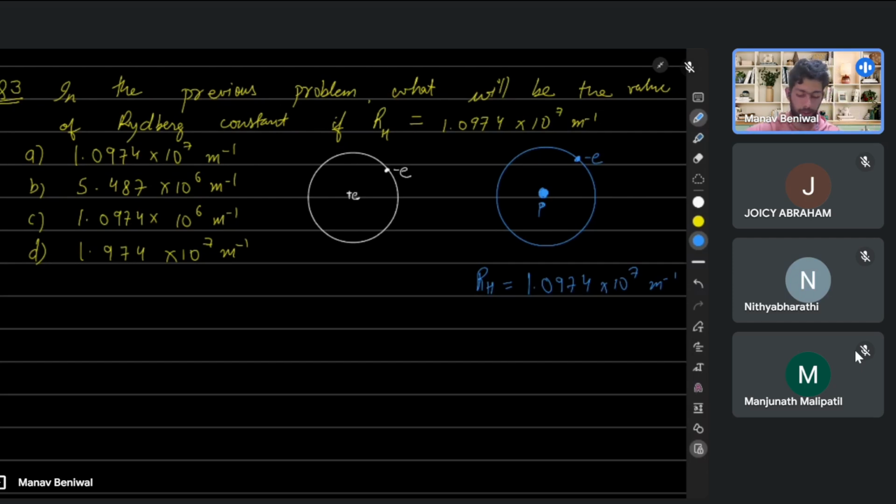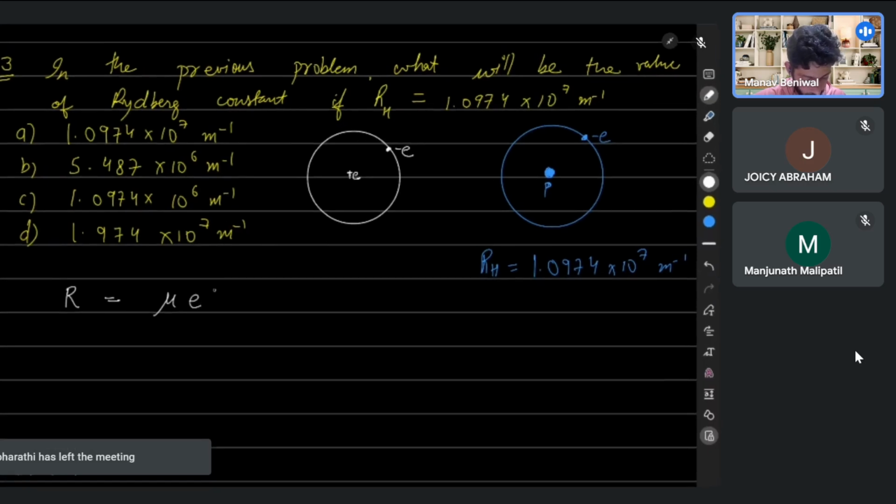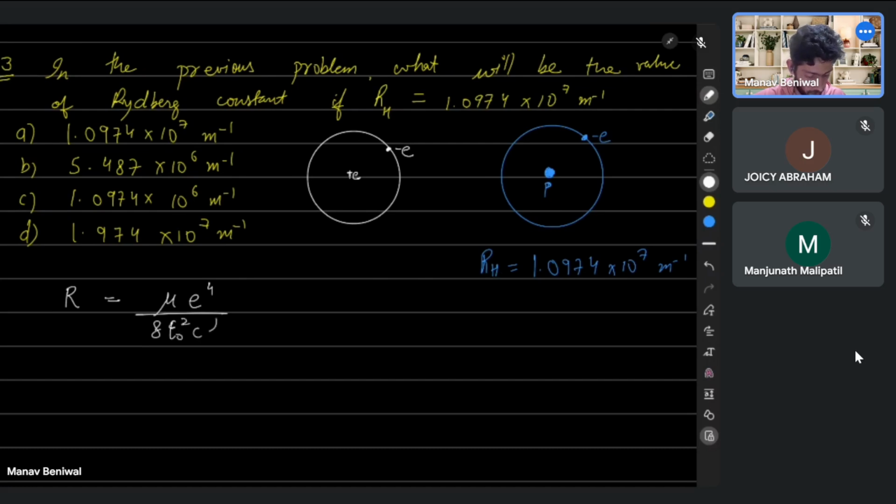Now if you remember, what is the equation for Rydberg constant? Your Rydberg constant R is given as mu times e to the 4 over 8 epsilon naught squared c h cubed, right?